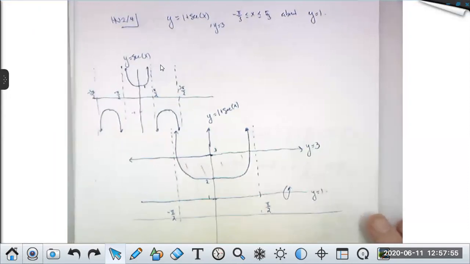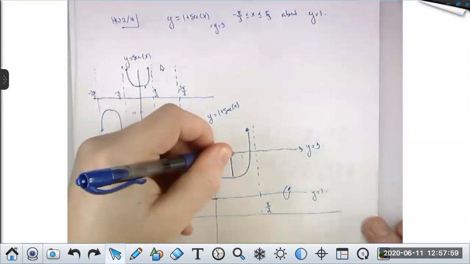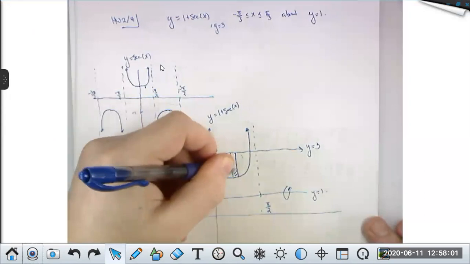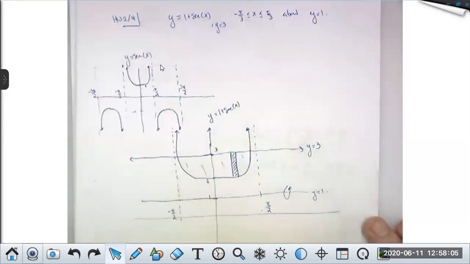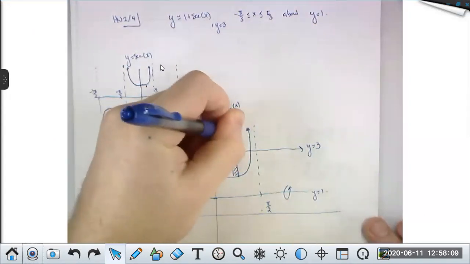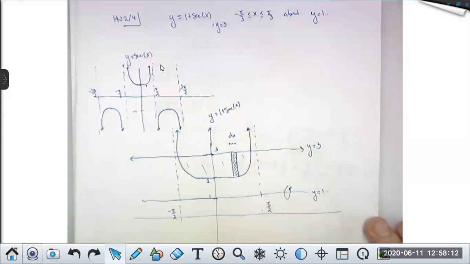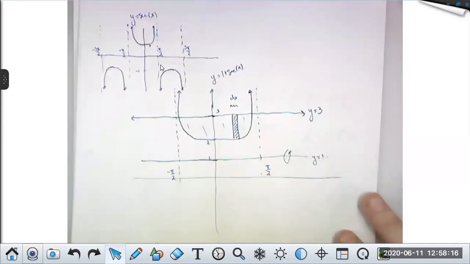My strip could be drawn perpendicular to the axis of rotation.